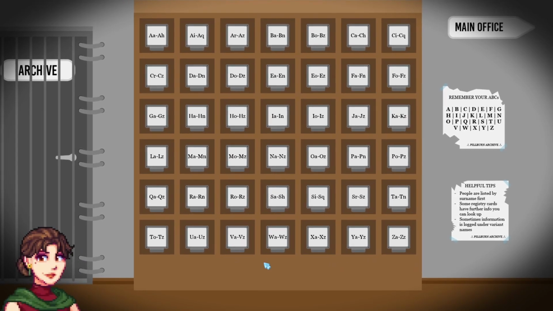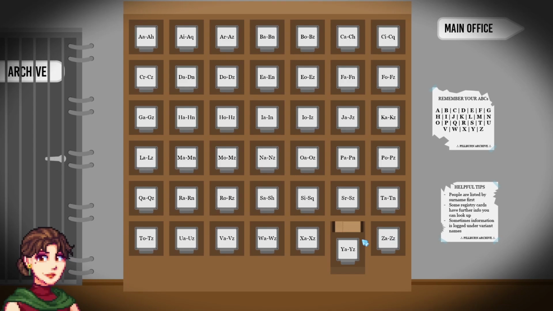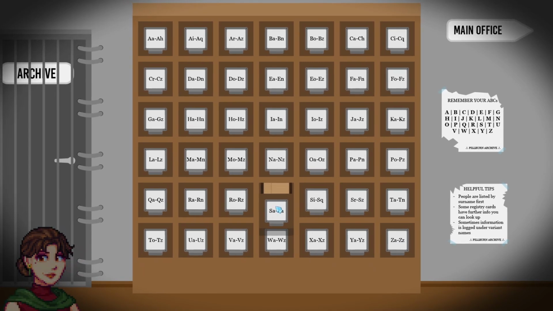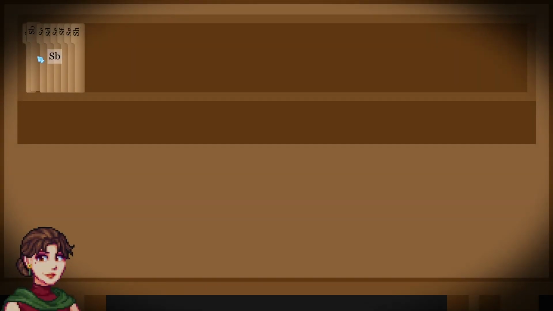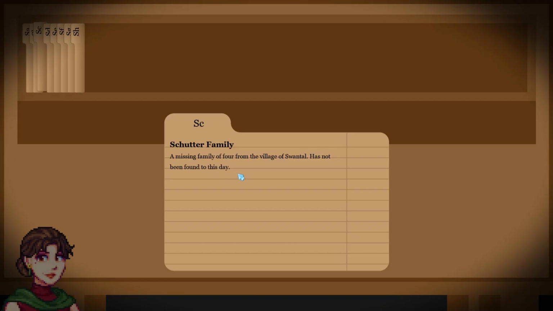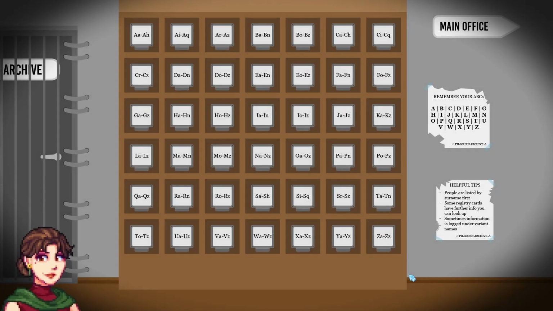Or Scooter? Probably Scooter. Messy family of 4 from village of Swantle has not been found to this day. Low-key terrifying, but okay. It's not quite what we're looking for, is it?